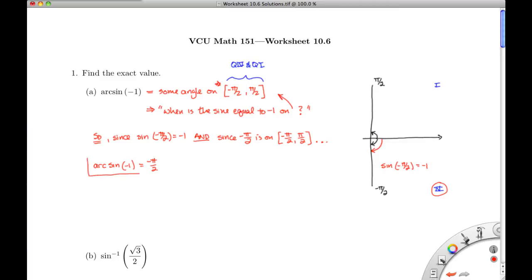So that would be our solution for part A. And we go through the same process for all of these, as we'll see.